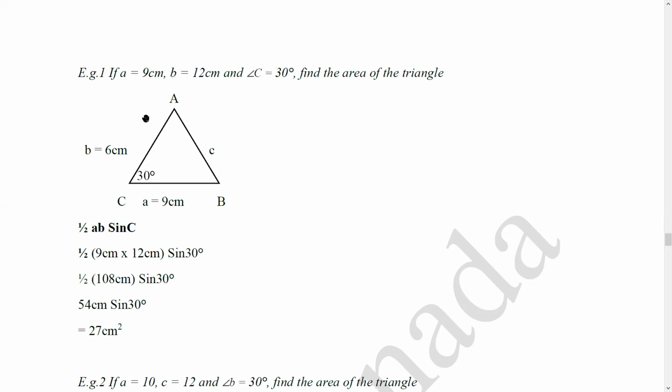Remember I told you all sometimes you have to manipulate the formula, right? So it will be a half of AC sine B. Sine is whatever the angle is, and the angle is B. So it's a half of AC sine B. When you all get it, tell me what you got.